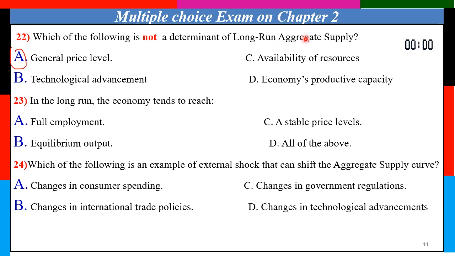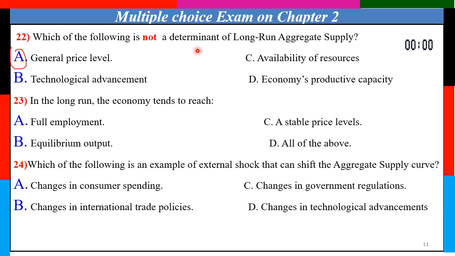The long-run aggregate supply is not determined by the general price level. In the long run, the price is neutral and does not affect the aggregate supply. We said that the long-run aggregate supply is a perpendicular, vertical line to the horizontal axis.